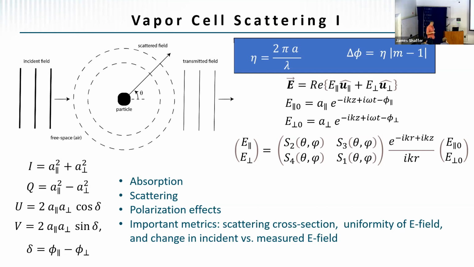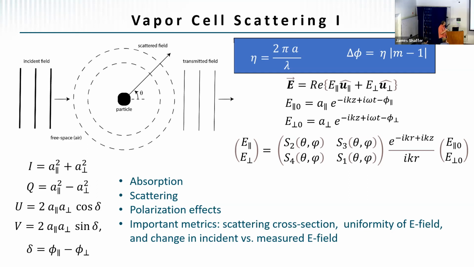The most important parameters here, in thinking of minimizing the scattering, are really the size of the particle, the size of the vapor cell compared to the wavelength of the target radiation, and then also what essentially is the complex, which for us will be the real index, because we choose materials that don't absorb, the index of refraction of the vapor cell material.